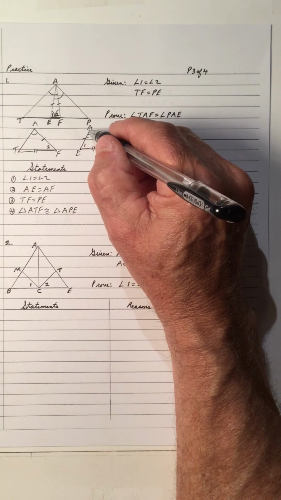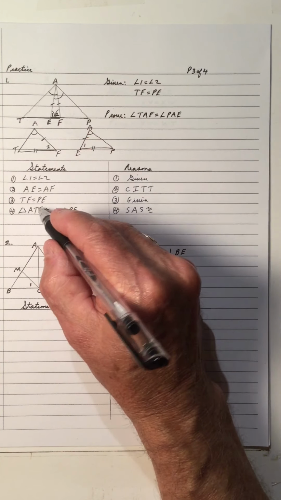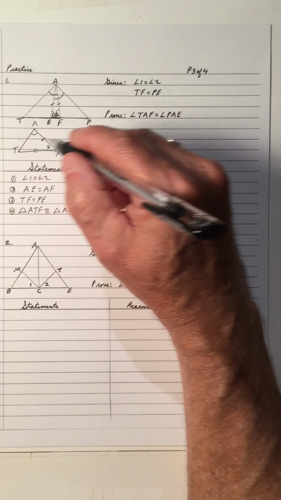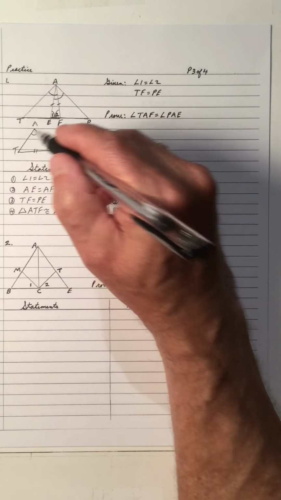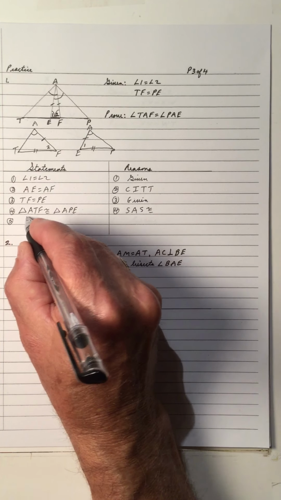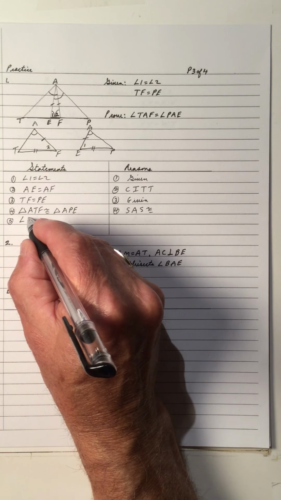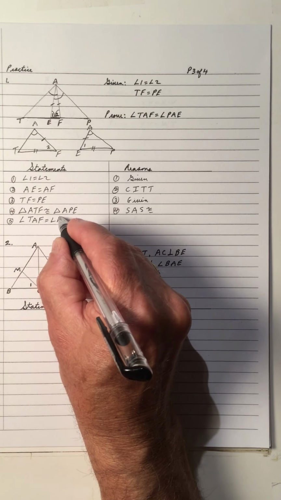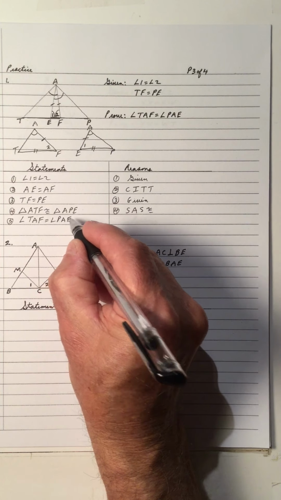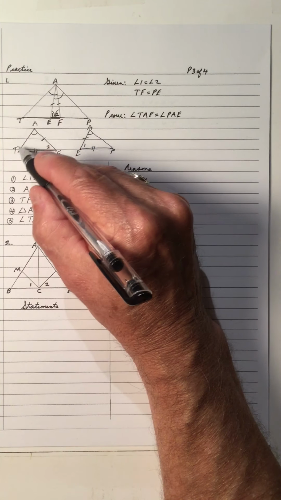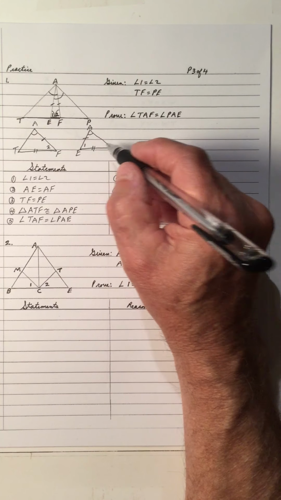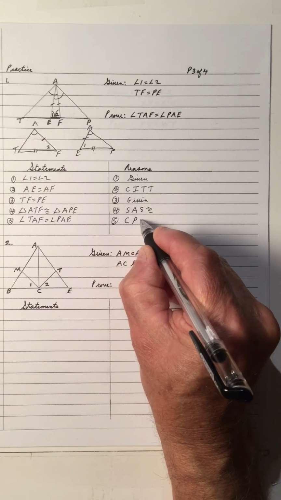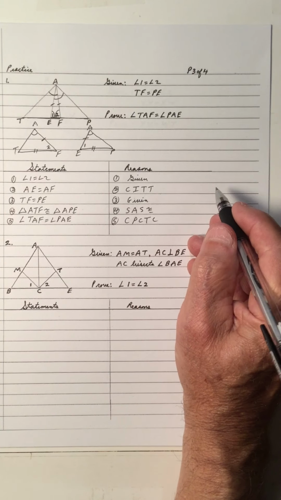So angle A goes with angle A, right? F goes with E, so P has to go with T. And that makes the angle TAF equal to angle PAE. Angle TAF equals PAE. And CPCTC. Congruent parts, congruent triangles, congruent.